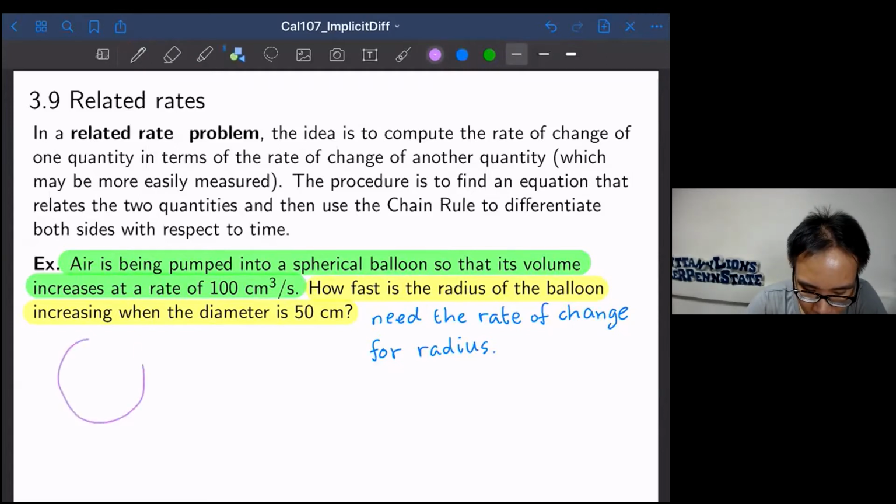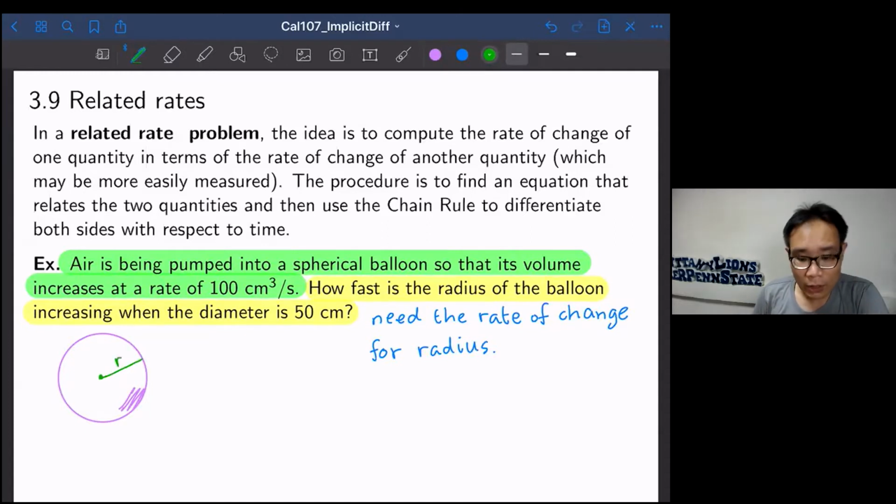I just draw a circle with some shading. It has a center, and you have the radius r for this spherical balloon.